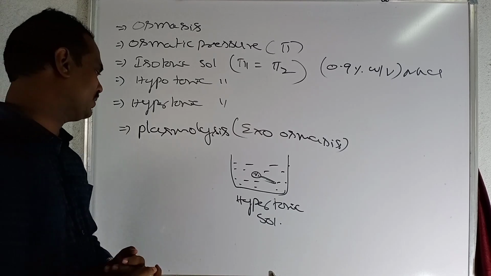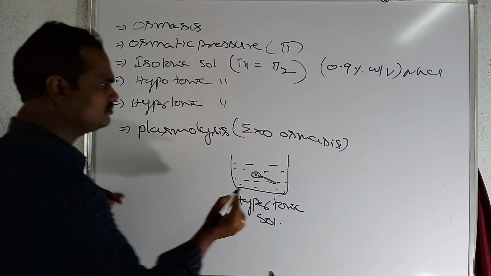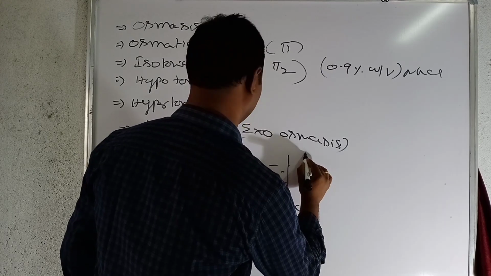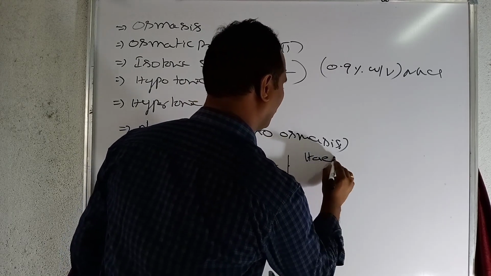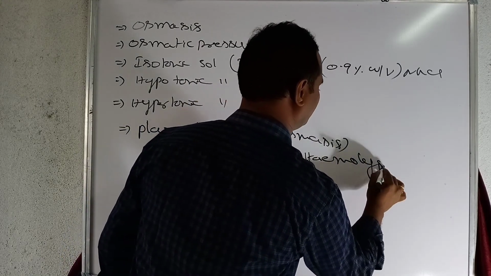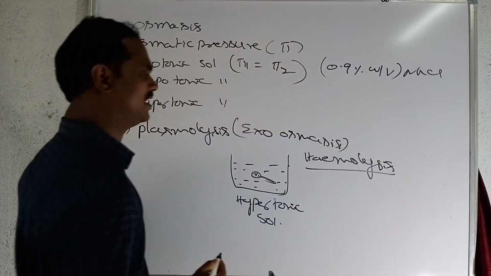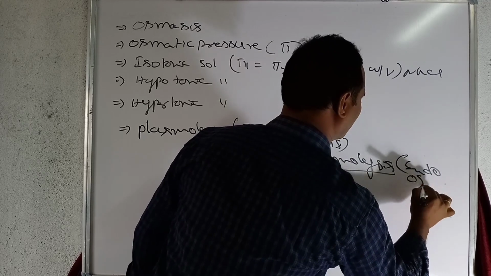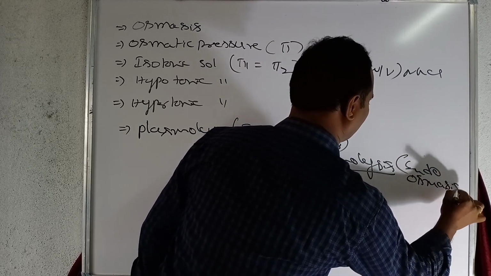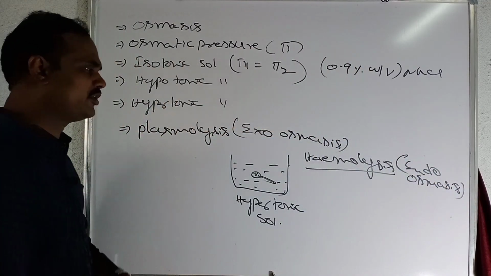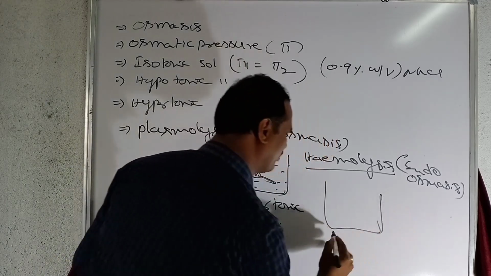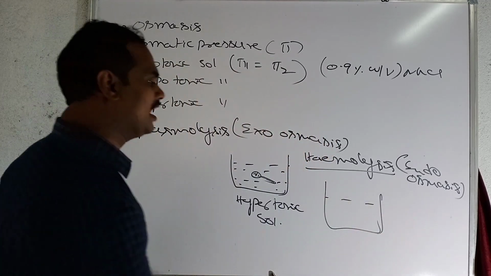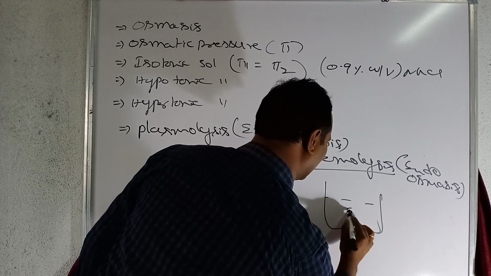Next we are going to one more: hemolysis, which is endoosmosis. Endoosmosis: one plant cell is placed in hypotonic solution.